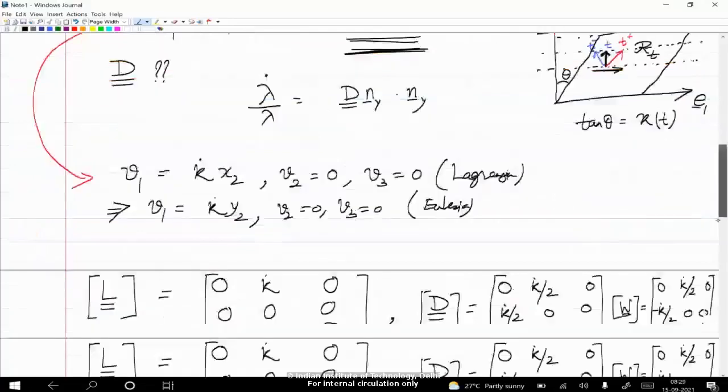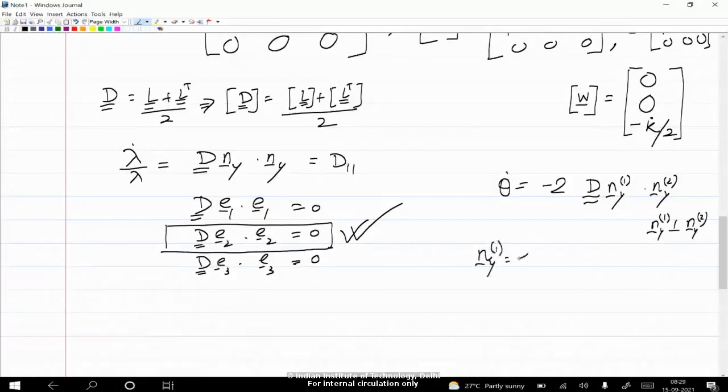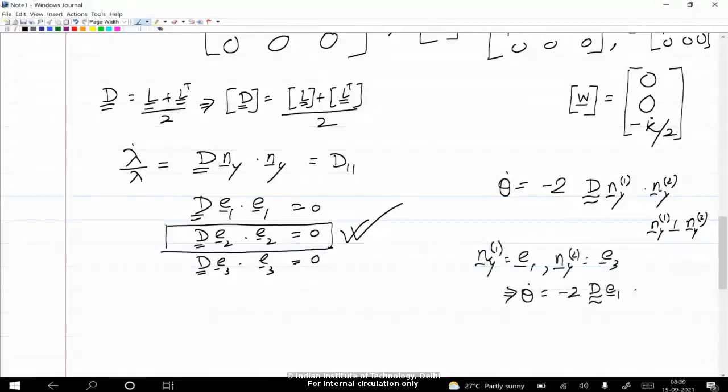So if you go to the formula here and put ny1 equal to E1 and ny2 equal to E3, then what you get is, theta dot is equal to minus 2 times d E1 dot with E3, and that turns out to be minus 2 times D31.